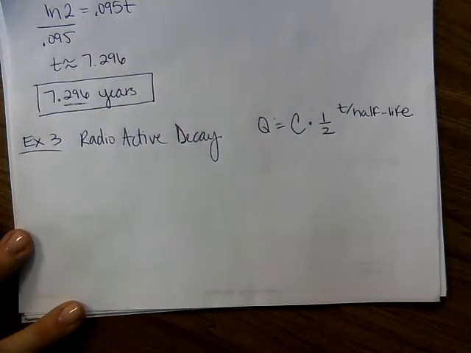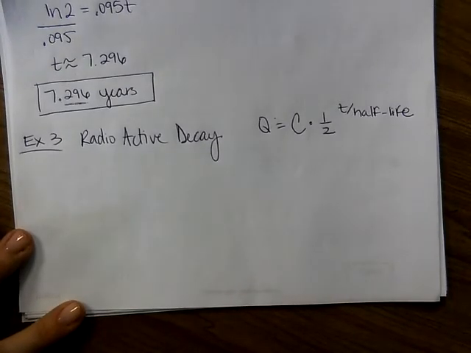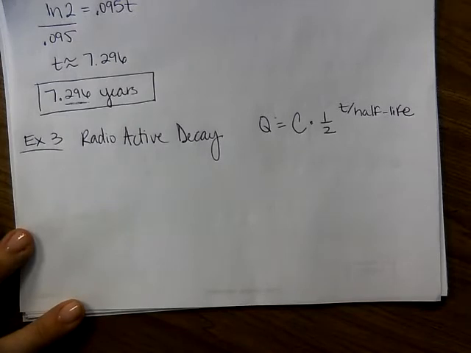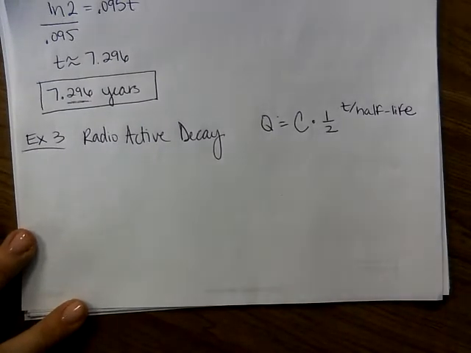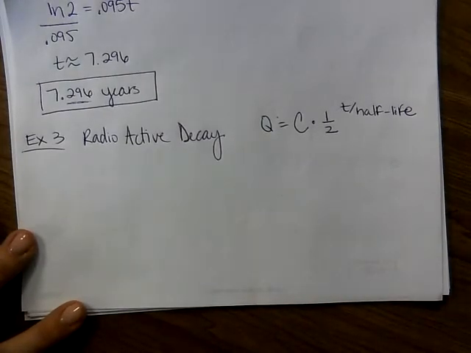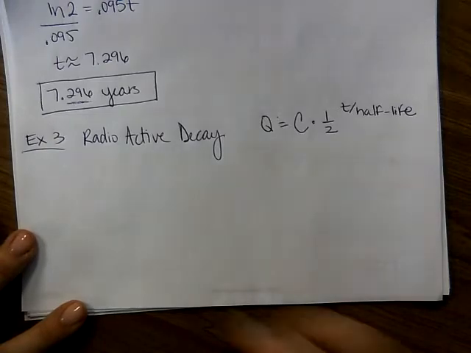Remember that C is that initial amount of material. T is your time in years. The half-life will literally say the half-life is this amount of years. And then Q is your amount after that time has passed, left over.